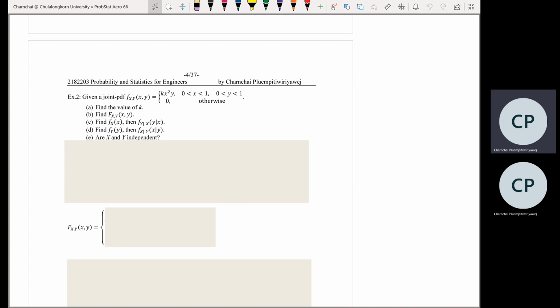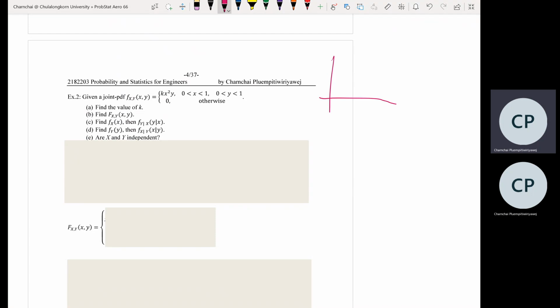Last lecture we did everything with sums, today we change it into integrals. Okay, let's start. Given the joint PDF f(x,y) equal to k x squared y, where x is between 0 and 1 and y between 0 and 1, and it's equal to 0 otherwise.